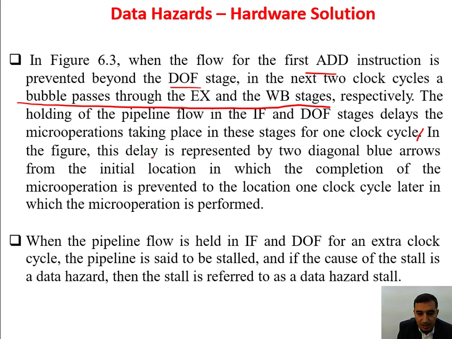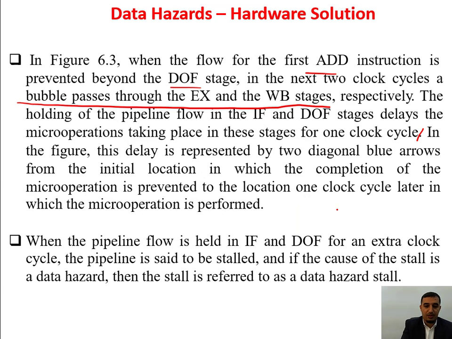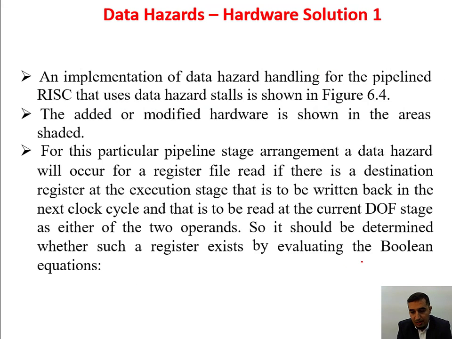In the figure, this delay is presented as 2 diagonal blue lines, as you can see over here. These are the delays that are presented. And you can see that this in turn will delay the full operation by a certain amount of time.